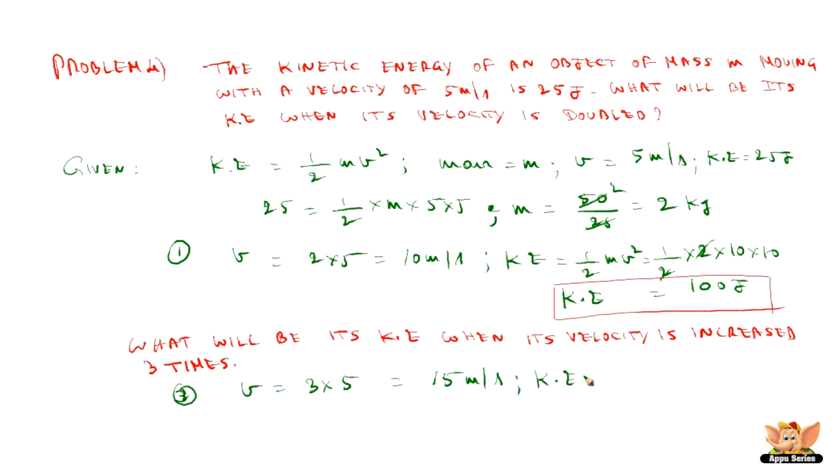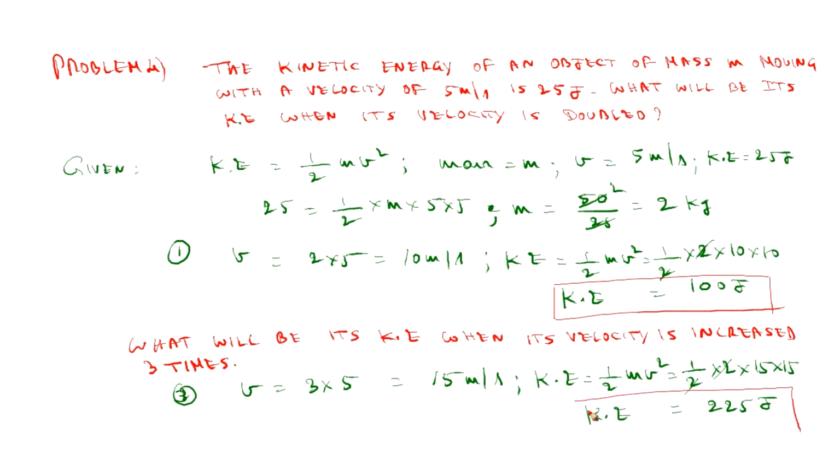Then the kinetic energy is half mv square, so half into mass 2 and v becomes 15, so 15 into 15. This becomes 225 joules. So the kinetic energy when the velocity is increased 3 times is 225 joules.